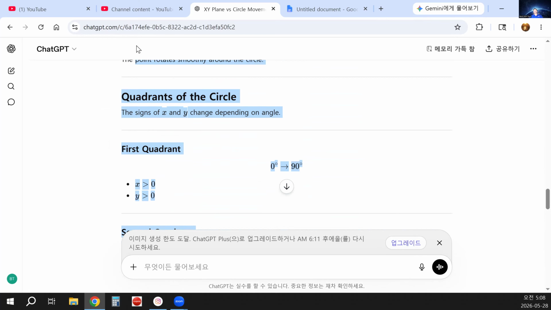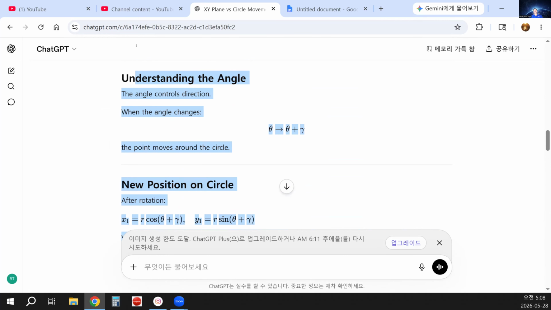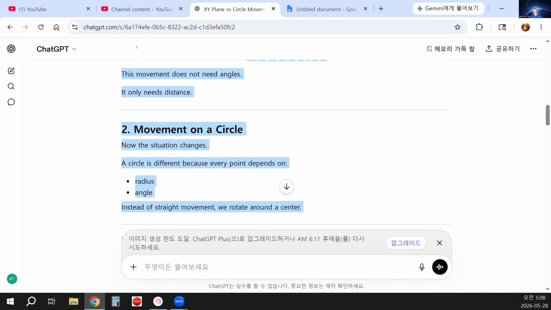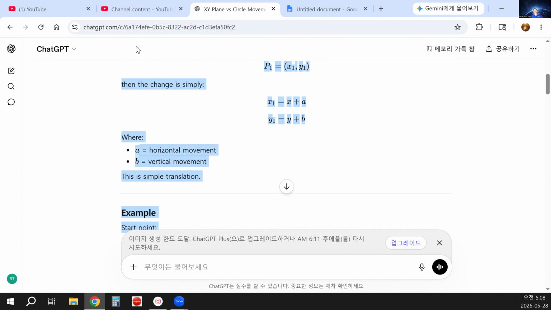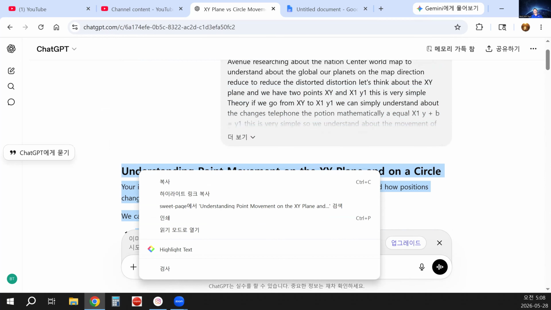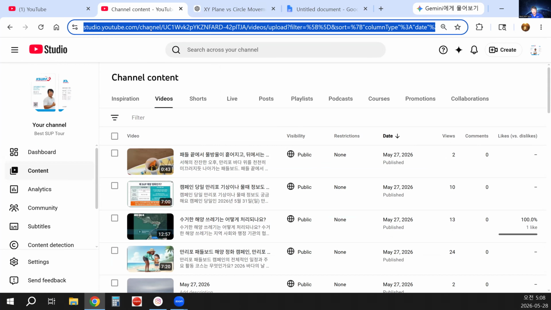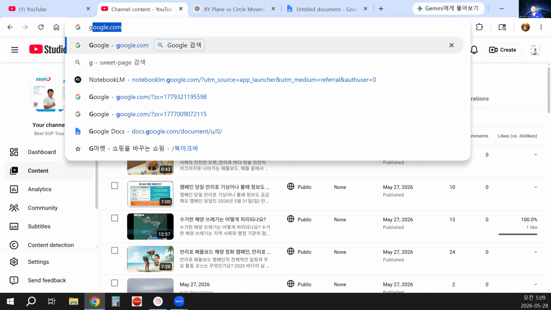ChatGPT asked me for money, so I can take this content, copy this, and go to Gemini.